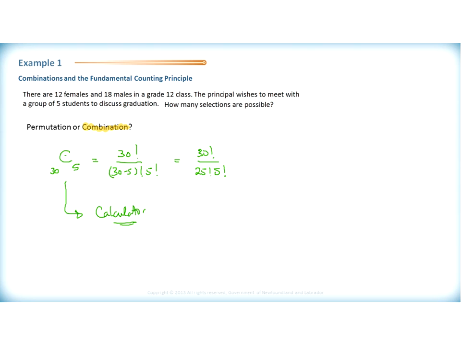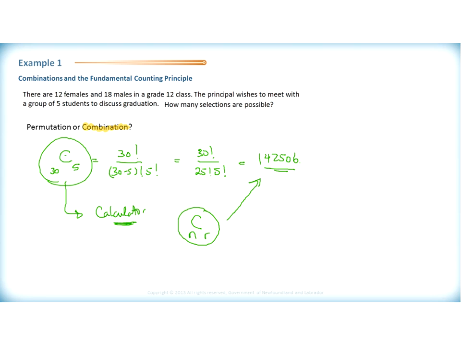On the TI-83 or the TI-84, you simply press 30, press the math key, go over to probability, press the C of n choose r button, and then choose 5, and you should get an answer here of 142506. Again, you should be able to find this on your calculator. Make sure that if that button is on your calculator, you can do this and you can get that answer that you see there.